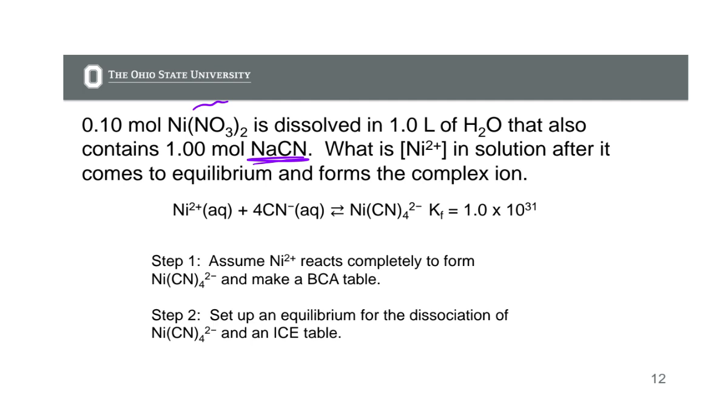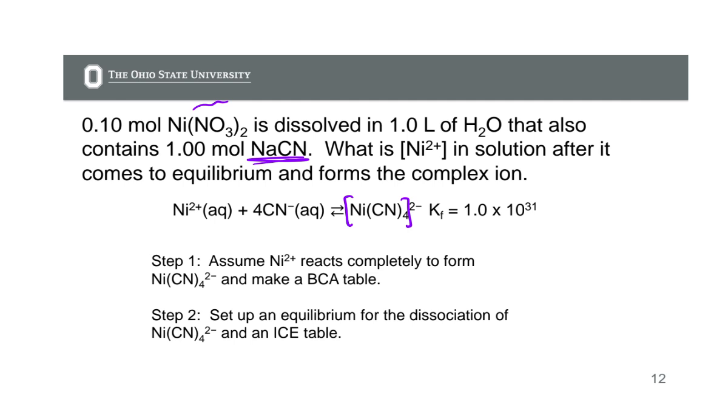And we want to know what the nickel concentration is after this complex ion is formed and we come to equilibrium. So the complex ion equilibrium is we'll have 1 Ni2+ ion plus 4 CN- in equilibrium with the nickel complex ion. And you'll notice in this case that ion has an overall 2- charge.